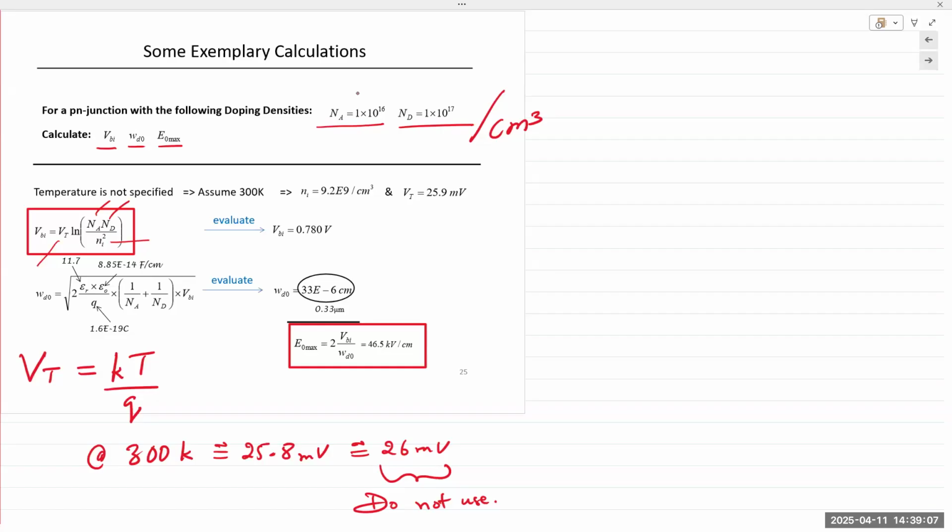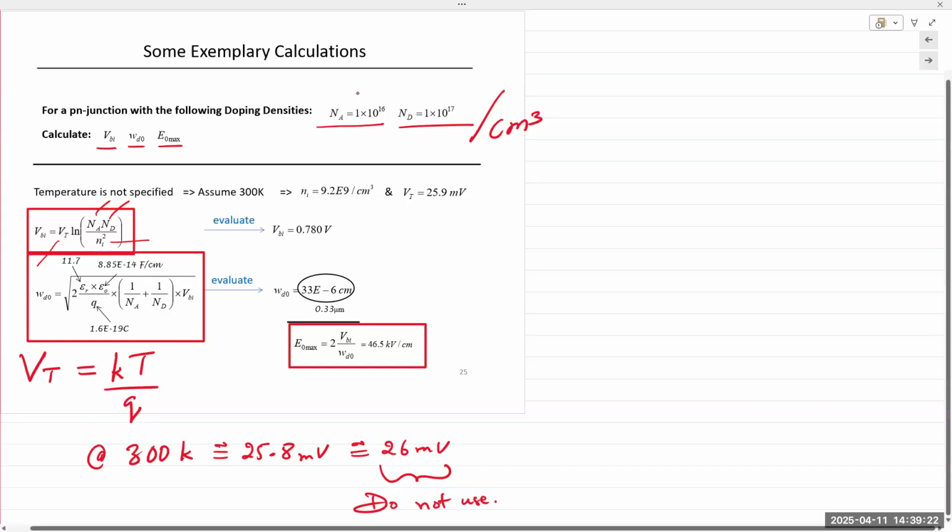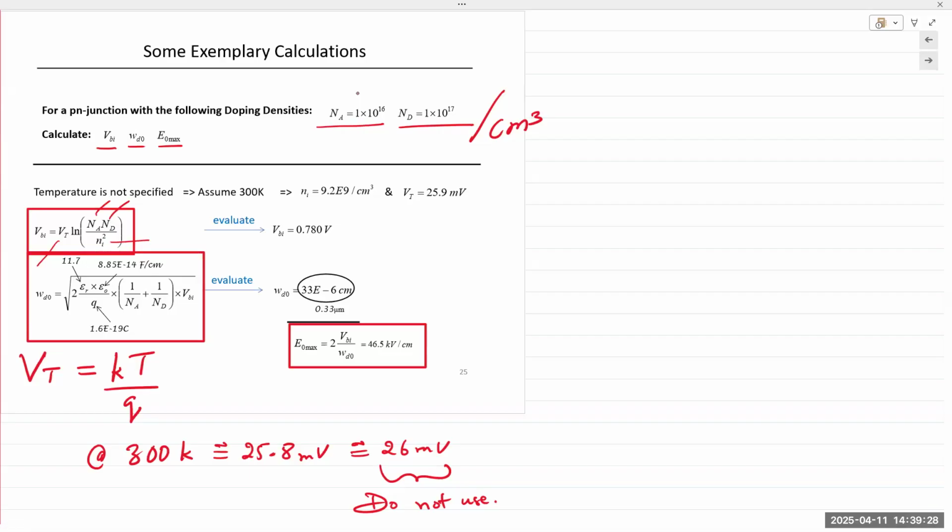And then once you have VBI, you can plug it into the equation for the junction width, which is WD. WD again requires NA/ND. It also requires epsilon r and epsilon 0. Anyone remember what it stands for?